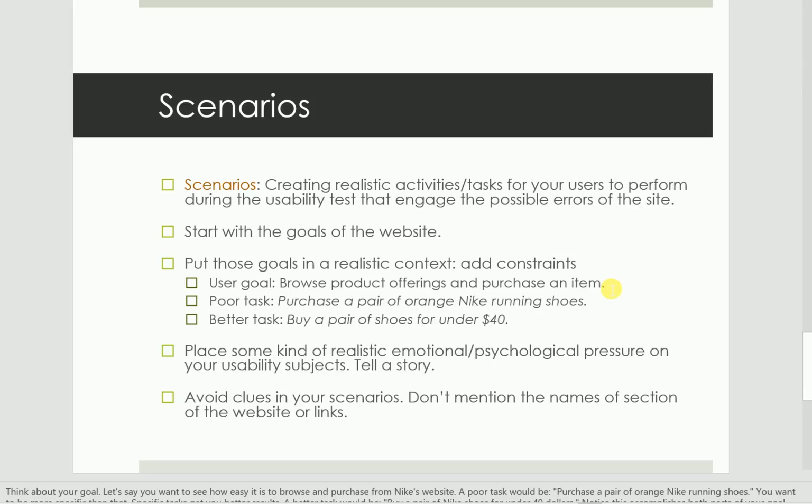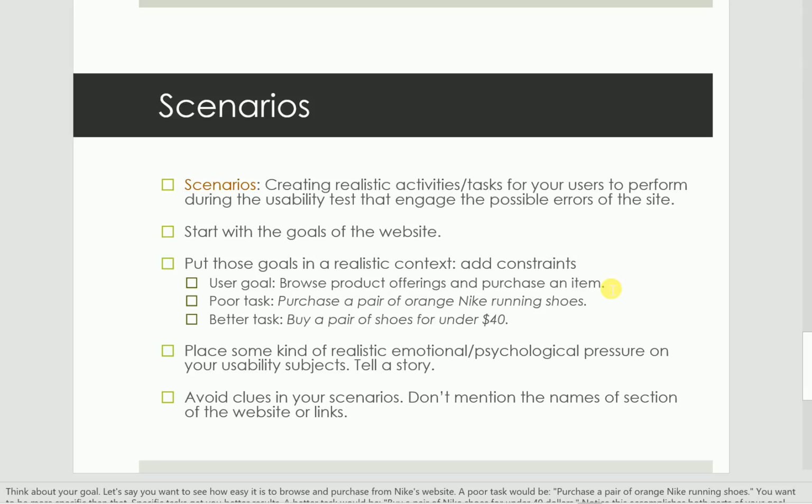So I would encourage you to place some kind of realistic or emotional psychological pressure on your usability subject, tell a story, like you want them to accomplish this task for a certain reason. So when you look over the example that is posted on Canvas, you'll see that the scenario frames it in a way where the user is supposed to sign up for exams, I believe, or something like that.